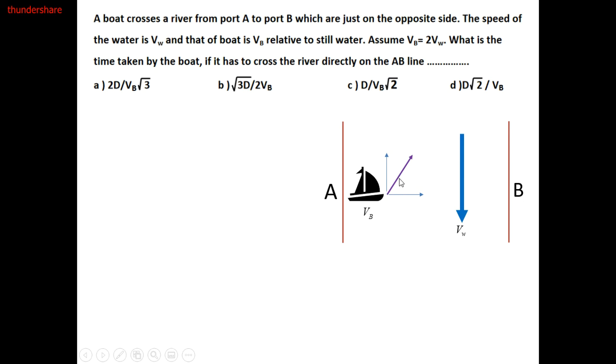The boat will go inclined. Of the two components x and y, x will remain and y will be equal to the velocity of the current, so that they cancel each other as if they are in equilibrium.